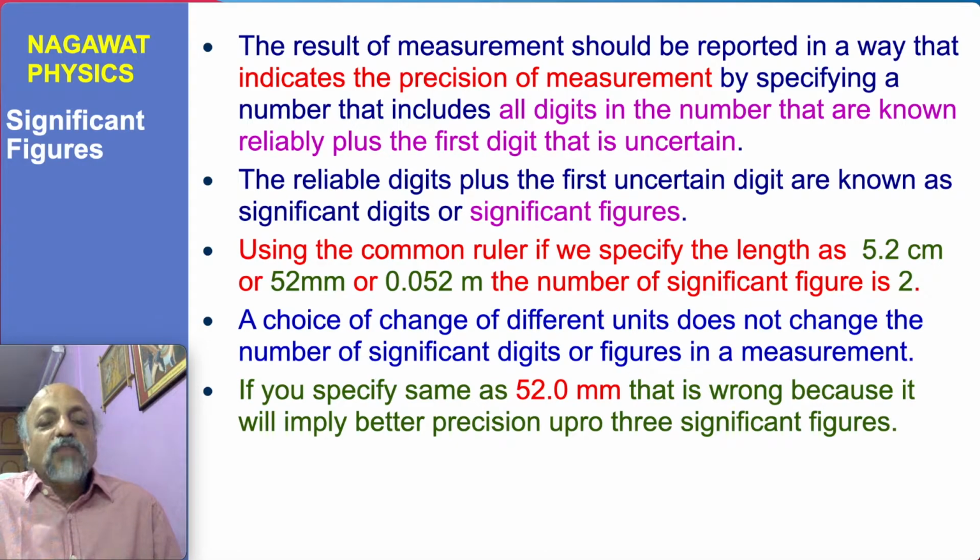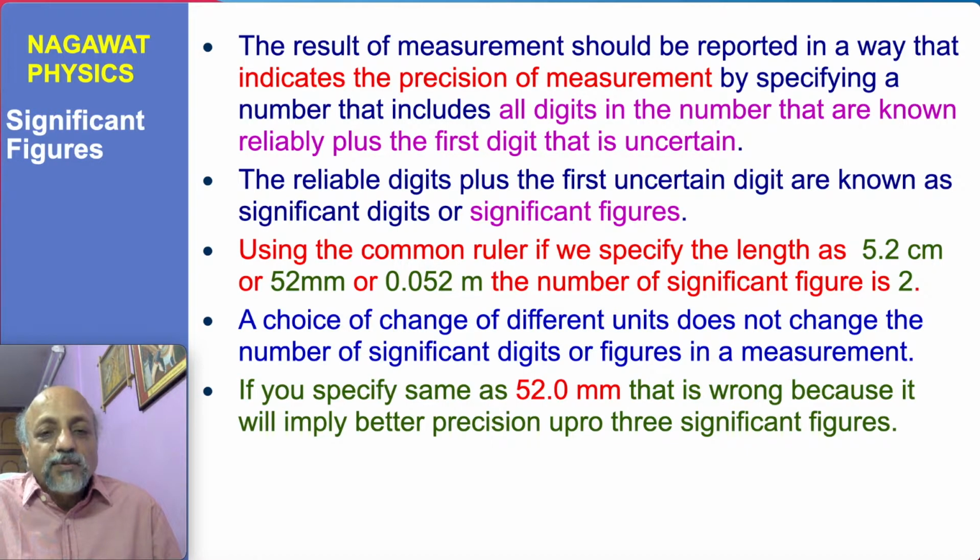That is the rule we have adopted, that all results of measurement should be reported so that they do not involve more than the reliable digits plus one uncertain digit. The number of reliable digits plus the first uncertain digit is known as the number of significant digits or significant figures.